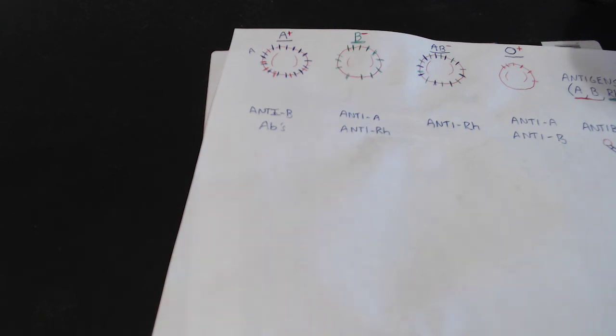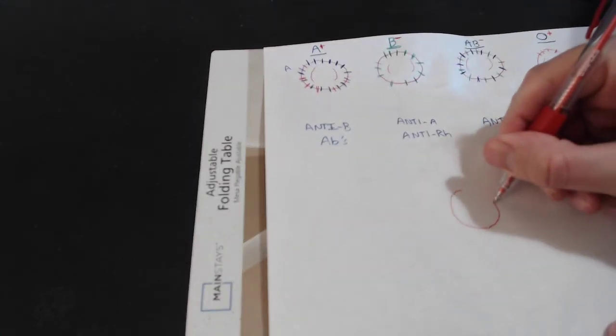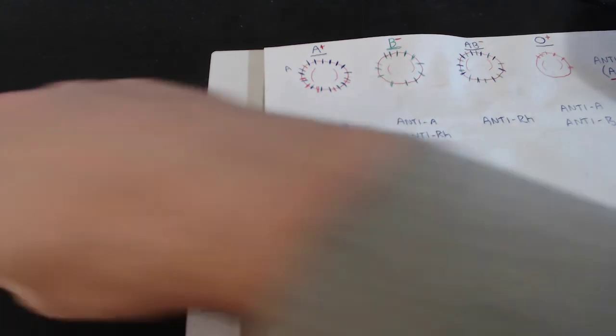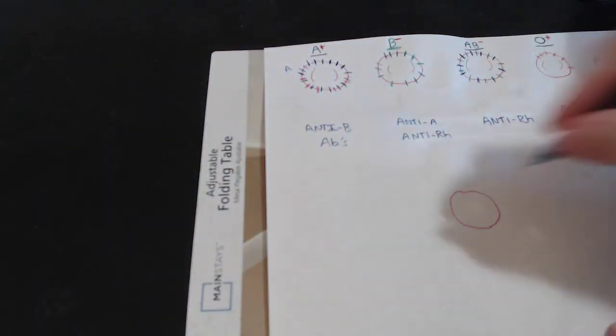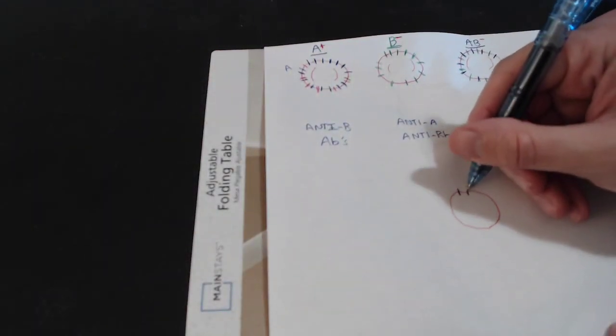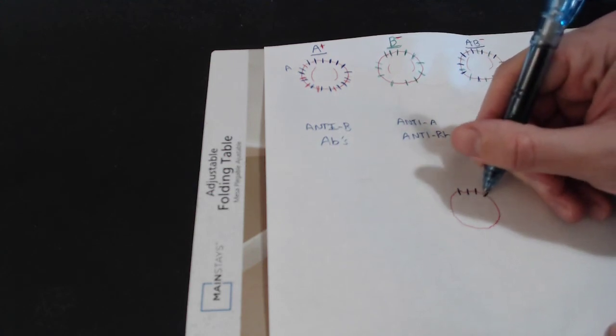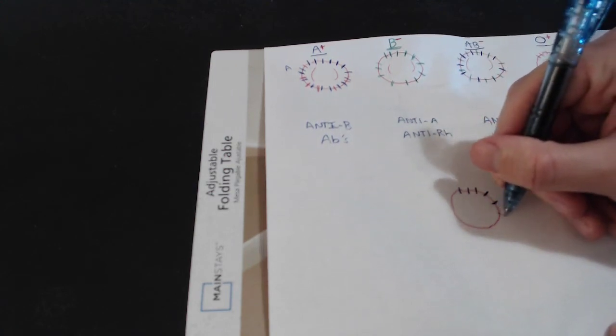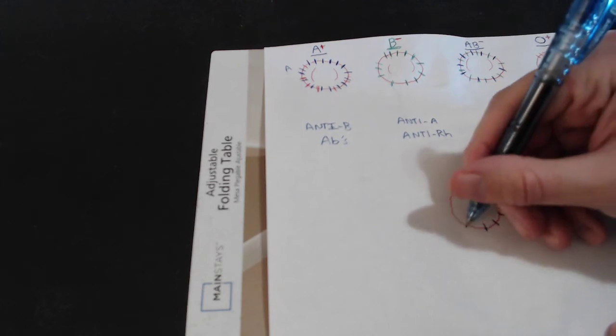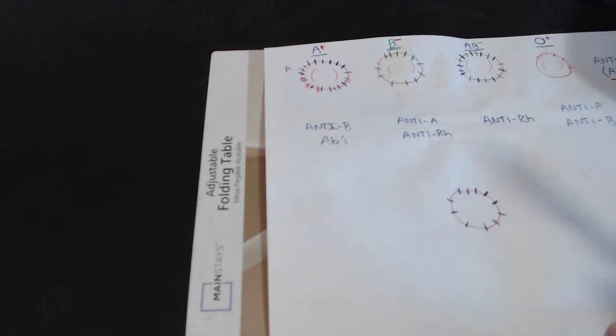So the concern is when an antigen on a red blood cell is bound to and recognized by an antibody. So let's take a look at a red blood cell here. Let's say that this is a type A red blood cell. So it's got its A antigens littered all over the place here. So those are our A antigens.